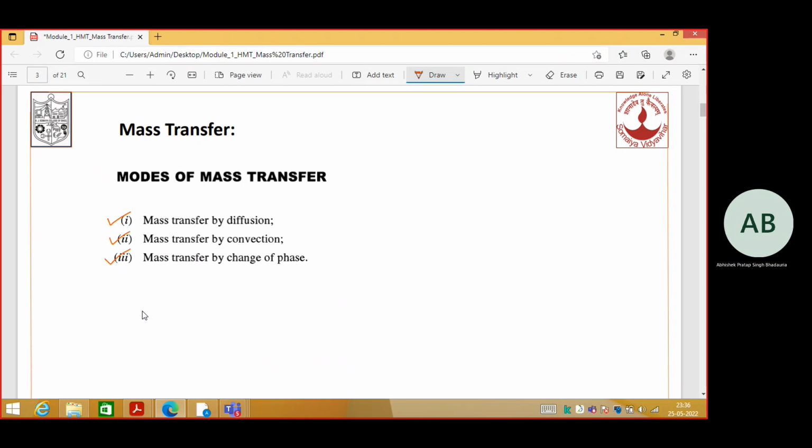Let's discuss the first one, mass transfer by diffusion. This is also known as molecular or eddy diffusion. What is the meaning of this?